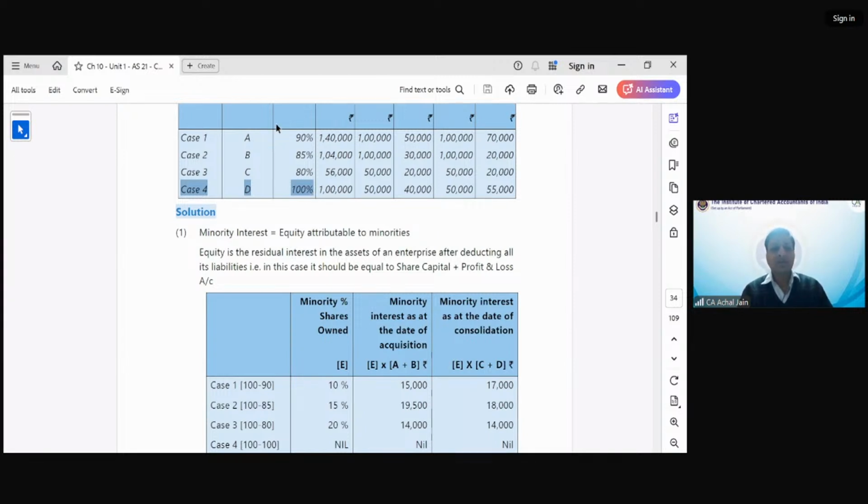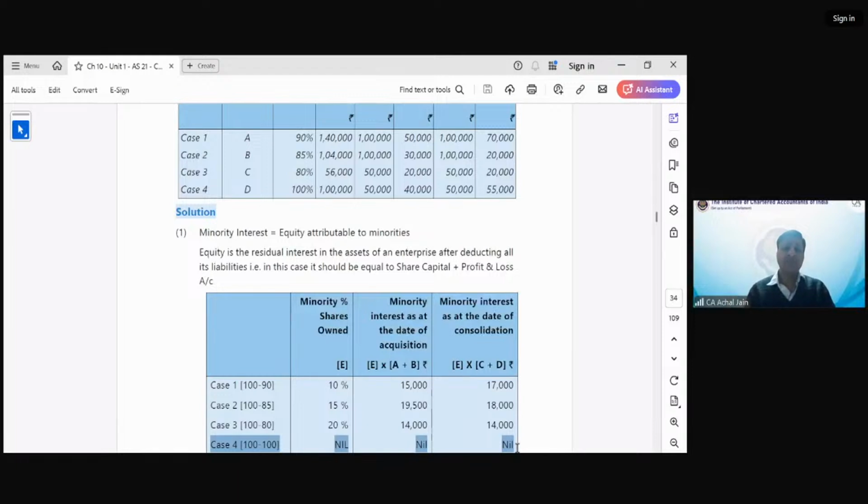It is 0. Why? Because if subsidiary is wholly owned, it means all the shares of subsidiary are held by the holding company. So there will not be any minority. Okay. So therefore, in this case, what will you do? You will say your minority is 0.